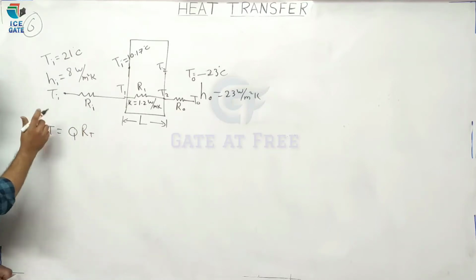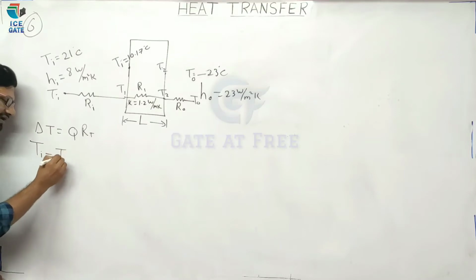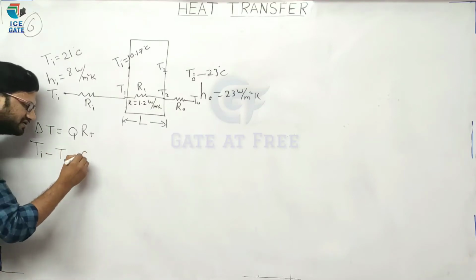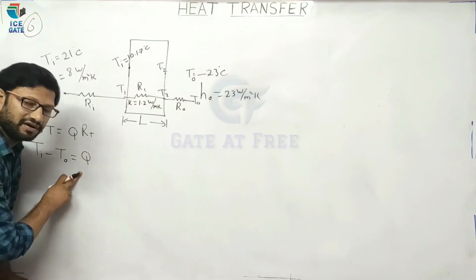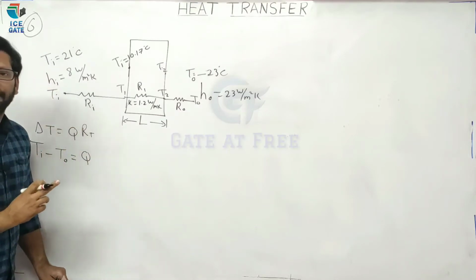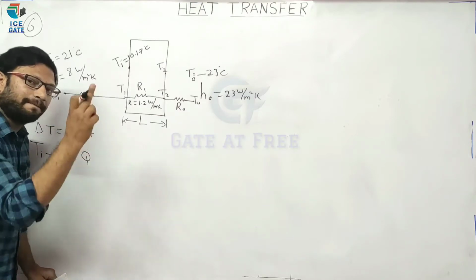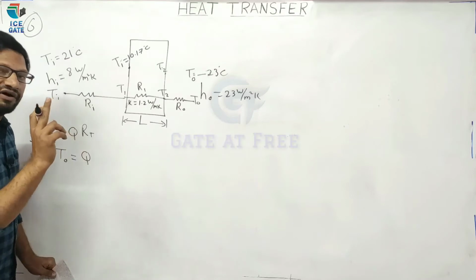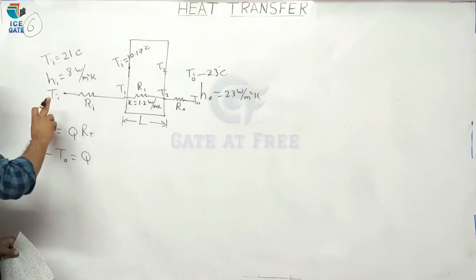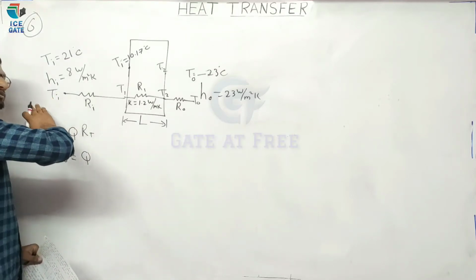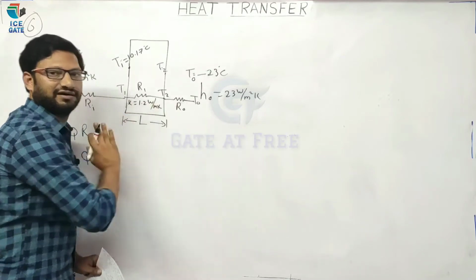Now take delta T as Ti minus T0 is equal to Q times resistance. Here what is Q? Rate of heat transfer, the heat transfer per unit time. For 1 second, the amount of heat transferred from Ti to T0.